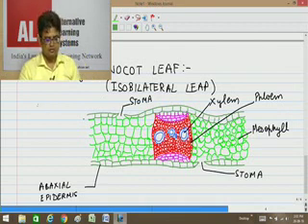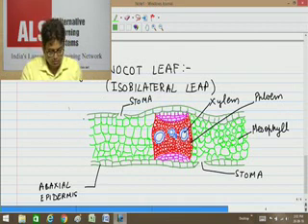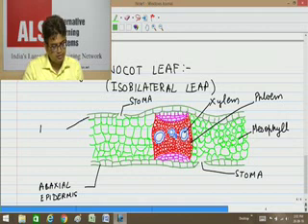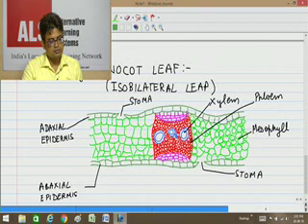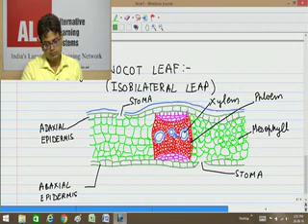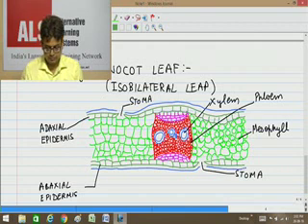Yeah, this is the adaxial epidermis. This will be the cuticle, like this.